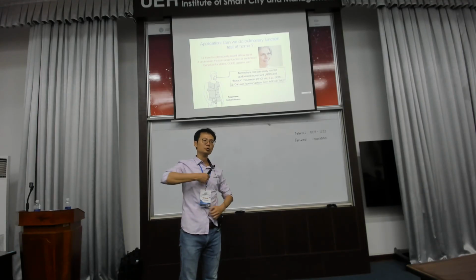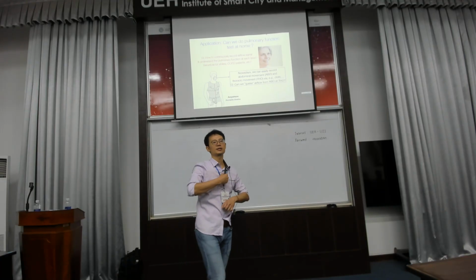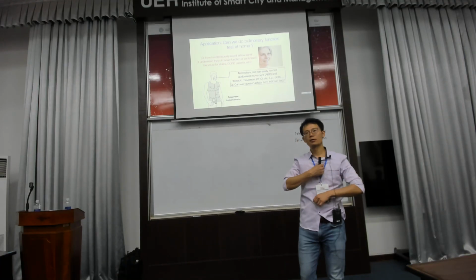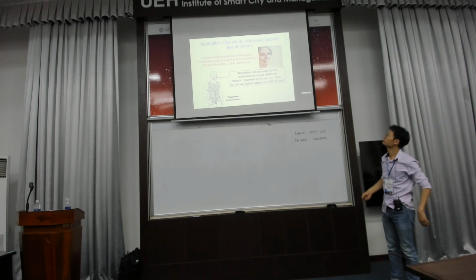So there will be some kind of movement of your chest and abdomen that tells you how you breathe. Can we use this information to help us achieve some analysis of pulmonary function? That will be the basic question we try to ask.